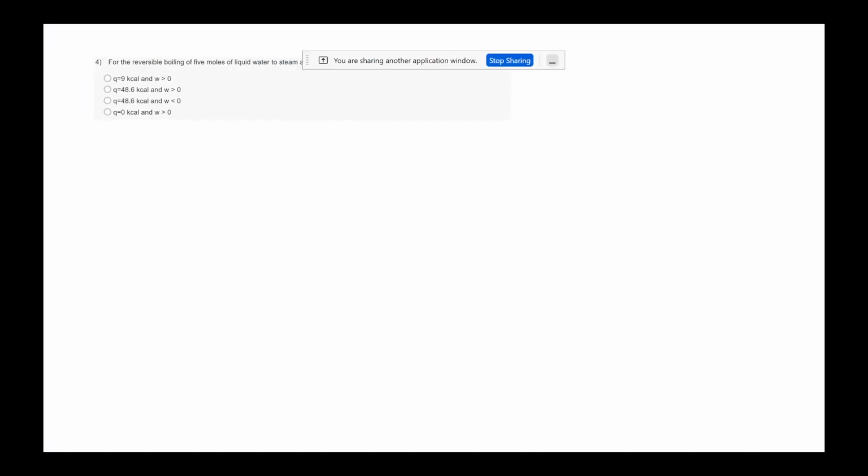Okay. So the latent heat of vaporization for water is 540 calorie per gram.